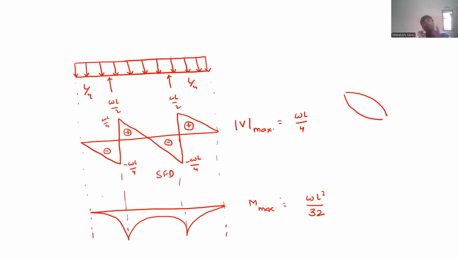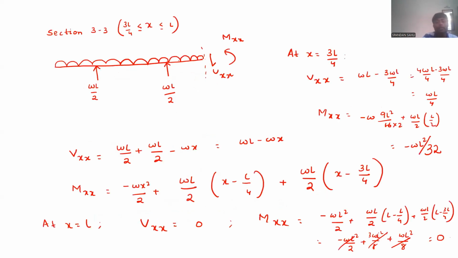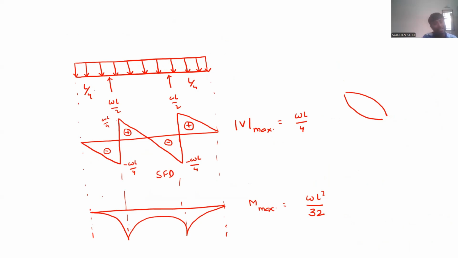And we are taking the mod of maximum bending moment, that is absolute maximum bending moment throughout the span, as WL square by 32, which is occurring at the two supports, that is C and D respectively, located at L by 4 and 3L by 4 from the left part A, or left support A, which is a free overhang B. Okay.